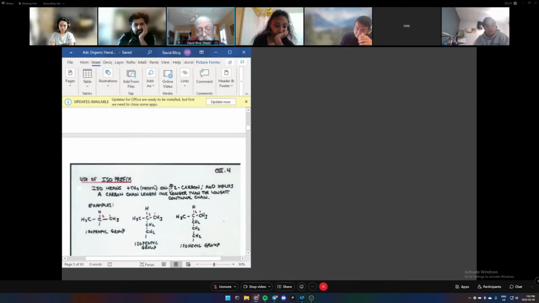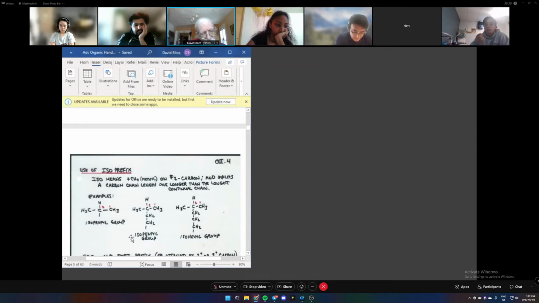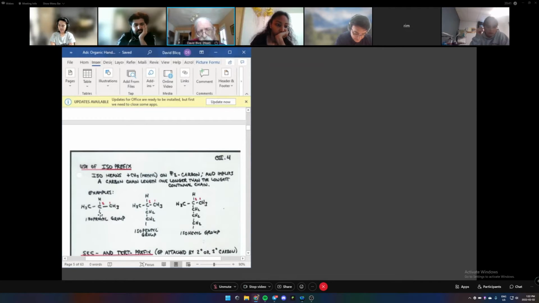Iso means an extra methyl on the number 2 carbon. And it implies, and this was decided by a whole bunch of organic chemists arguing for years, that the carbon chain length is 1 longer than the longest continual chain. So this is attached to something else, we don't care, but this whole group is an isopropyl group.